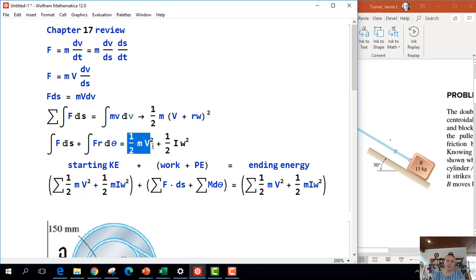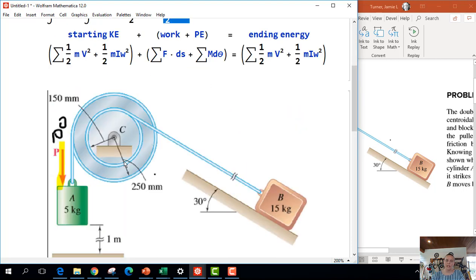So we have 1/2 mv squared, that's what the center of mass is doing, and then we have rotational motion. For this problem, that translates to B is moving, so B has 1/2 mv squared. A is moving, 1/2 mv squared. The center of C is not moving, so the only thing C is doing is 1/2 I omega squared.